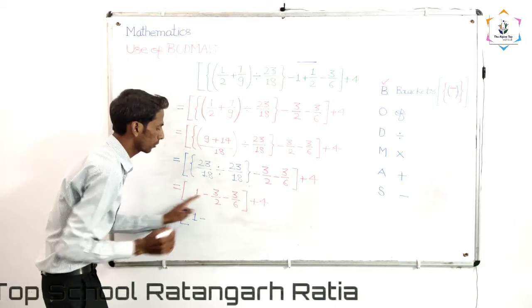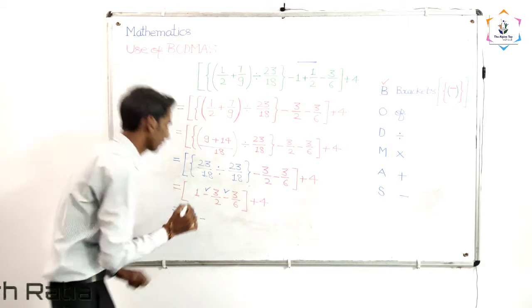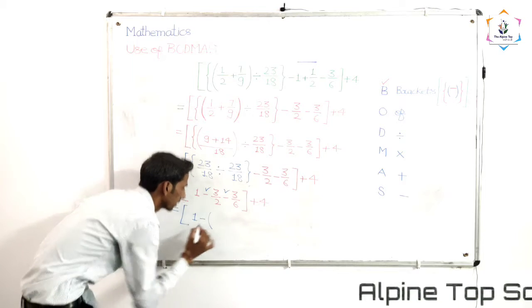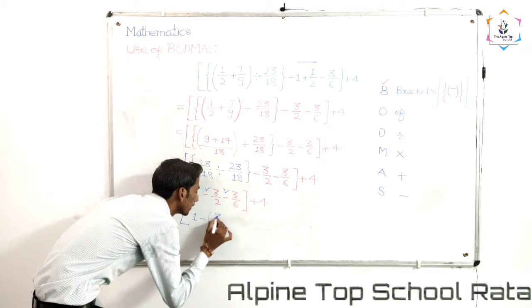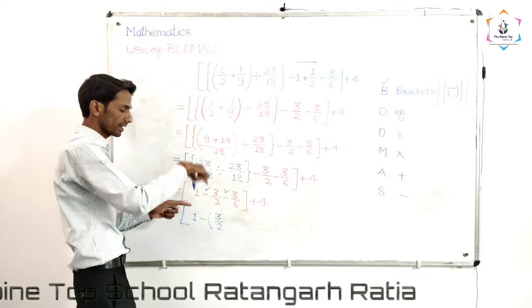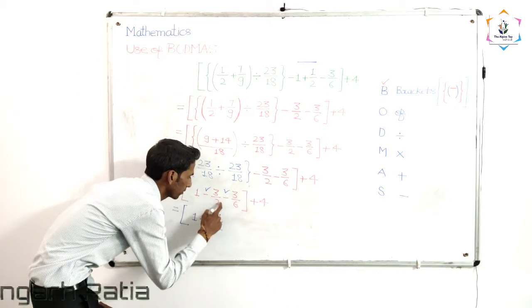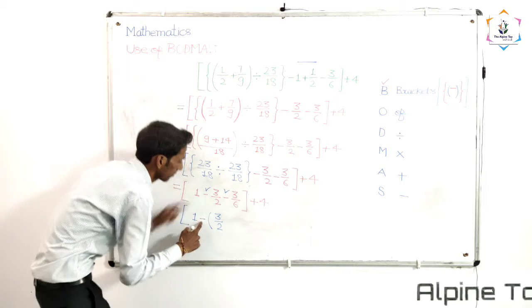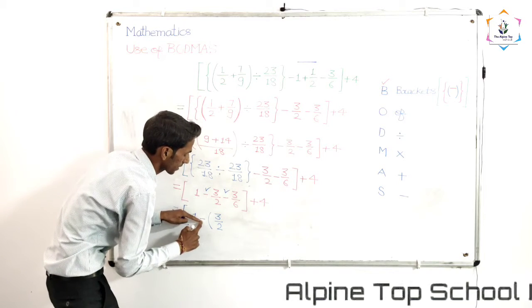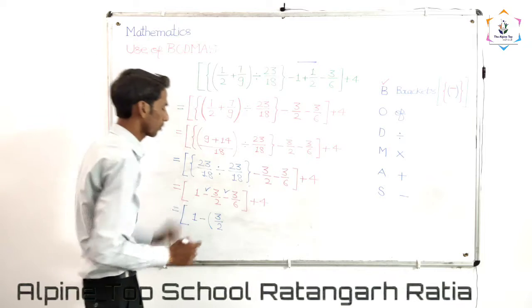1 minus, I am going to take minus as a common. We know, student, whenever you take minus as a common, the signs of the numbers which we are going to write inside the bracket, we have to change like this. 3 by 2 here has a negative sign, but negative I have taken as a common. Obviously now 3 by 2 must have a positive sign.